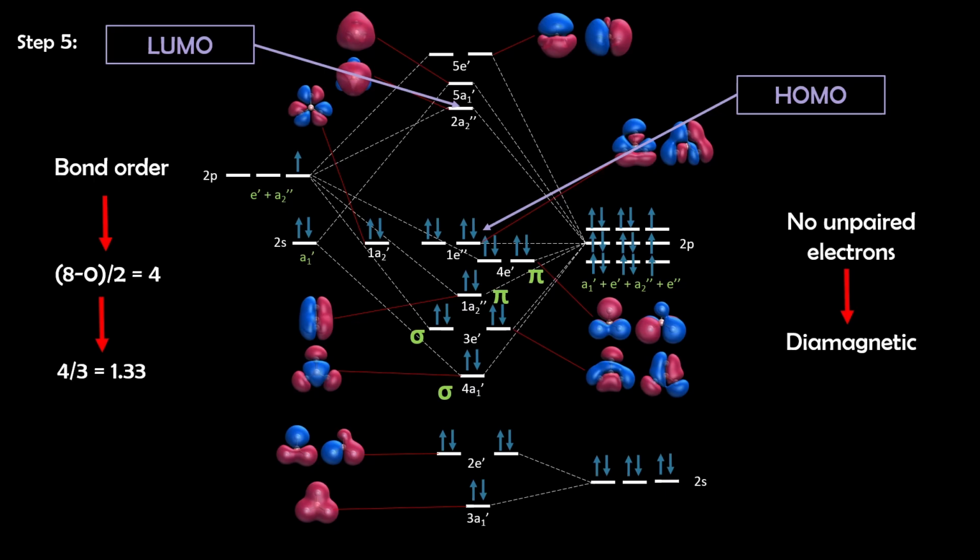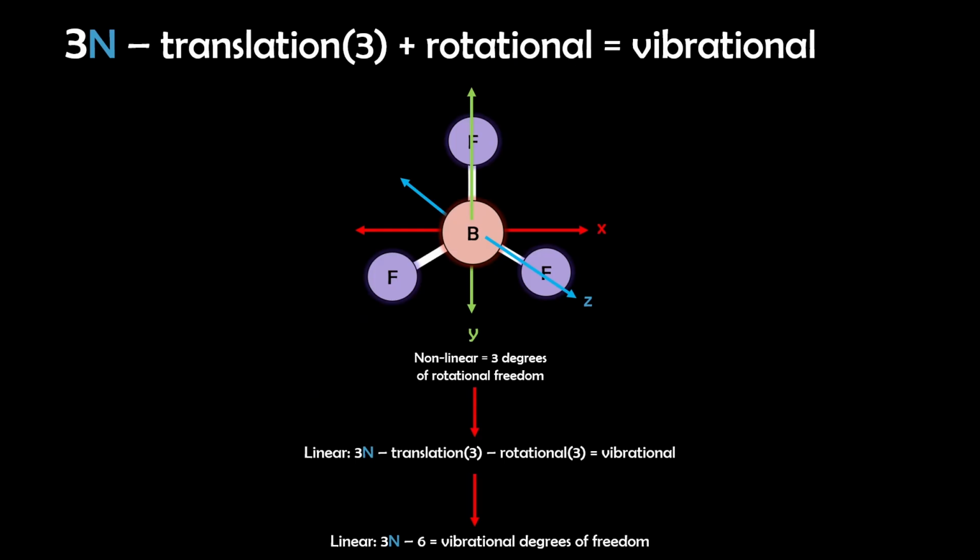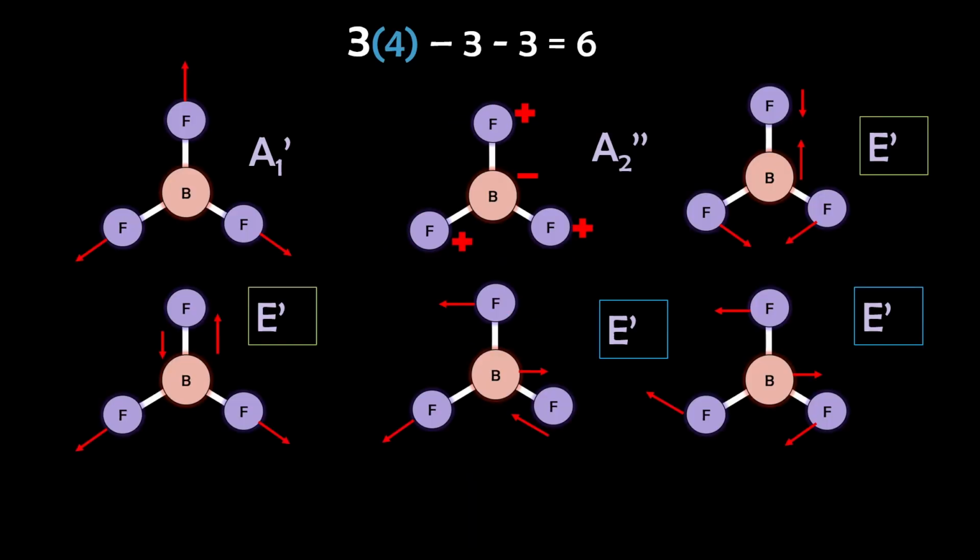Now, let's look at vibration. BF3 is nonlinear, so the number of vibrational modes is 3n minus 6 in this case, instead of 3n minus 5 like last time. BF3 has 4 atoms, so n equals 4, and 3 times 4 minus 6 gives 6. So BF3 has 6 vibrational modes.